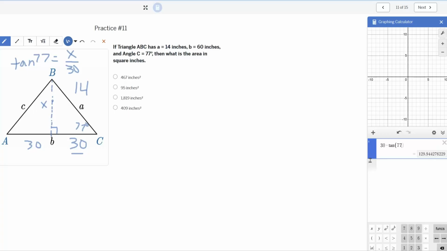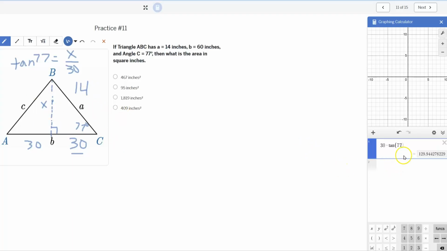Well, that doesn't sound right, does it? There's no way it'd be that tall. Well, theoretically it's there, but obviously that couldn't be accurate based upon these measurements, because that would make it taller than my hypotenuse.